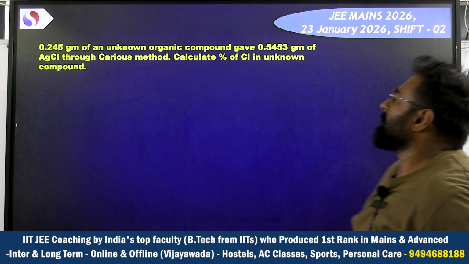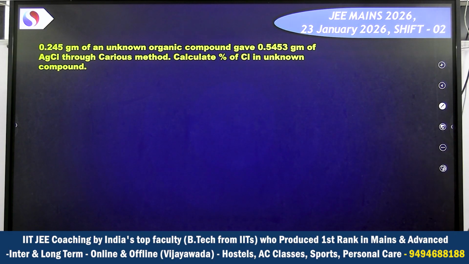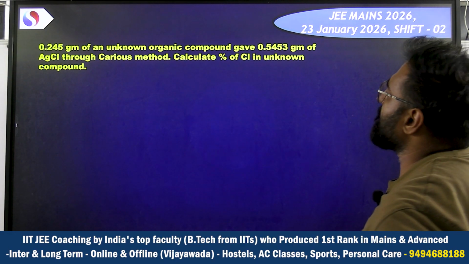0.25 gram of unknown compound gave 0.53 grams of AgCl through the Carius method.